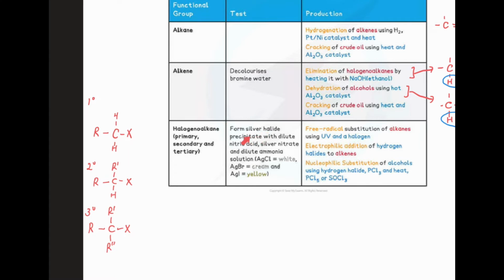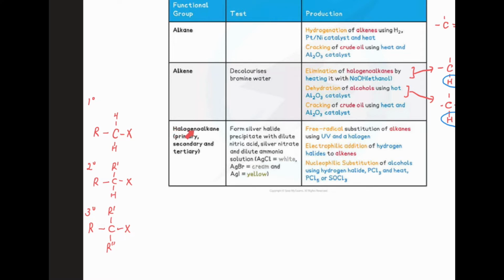Okay, so the test: form silver halide precipitates with dilute nitric acid, silver nitrate, and dilute ammonia solution. If you are using chloroalkane, they will form silver chloride, which is white in color.